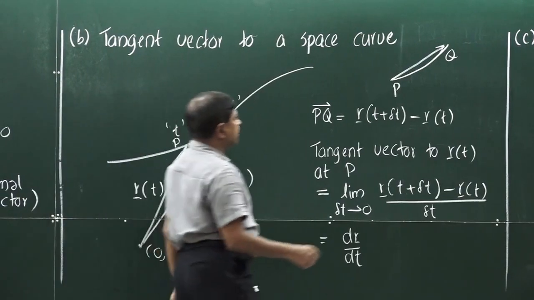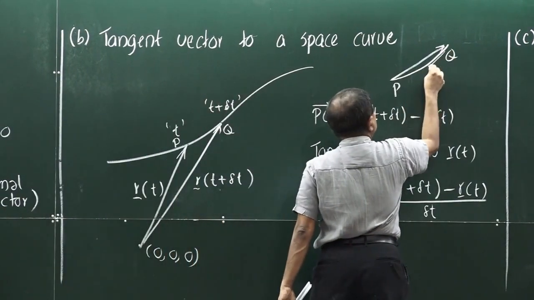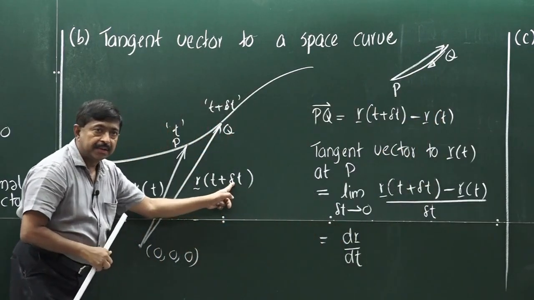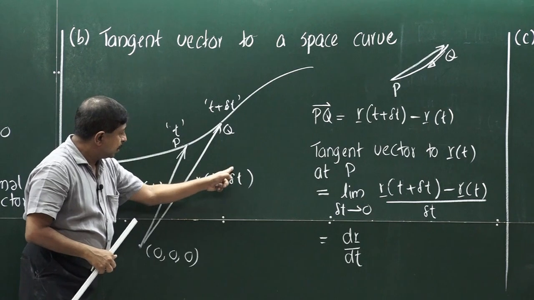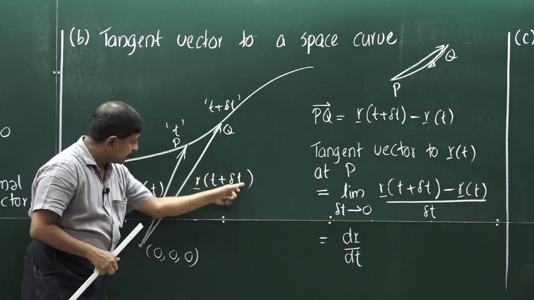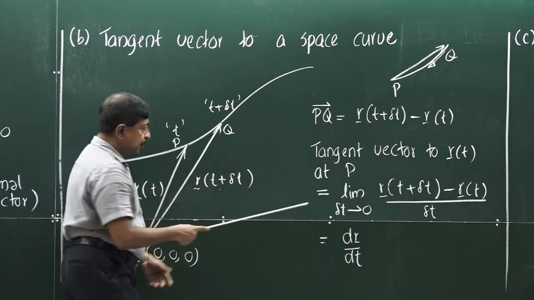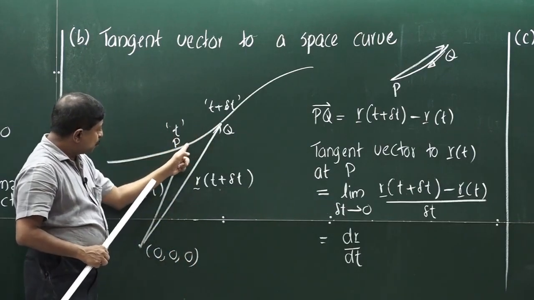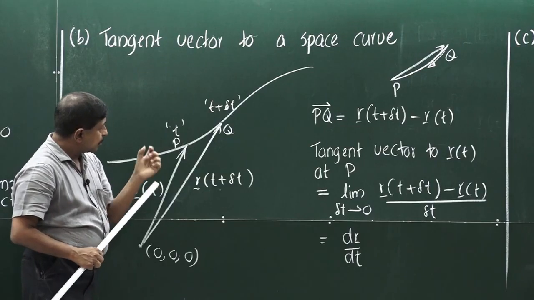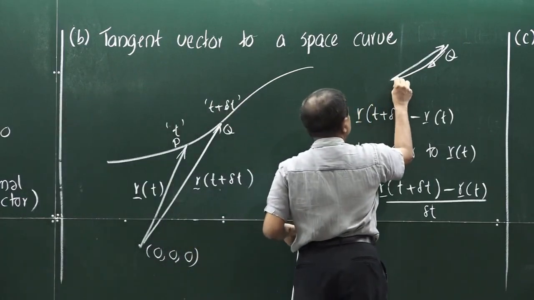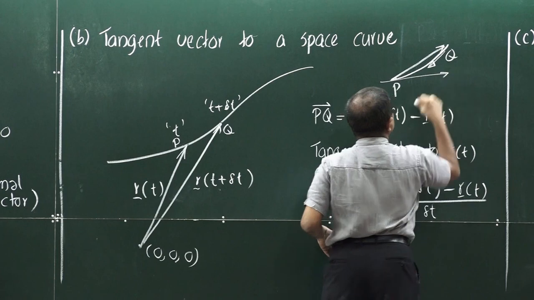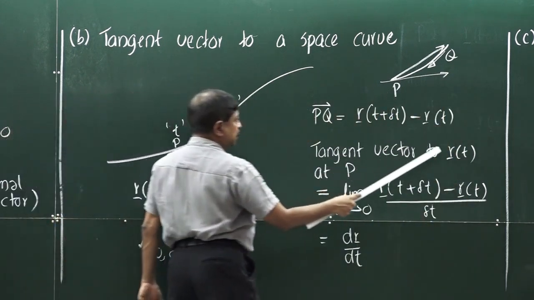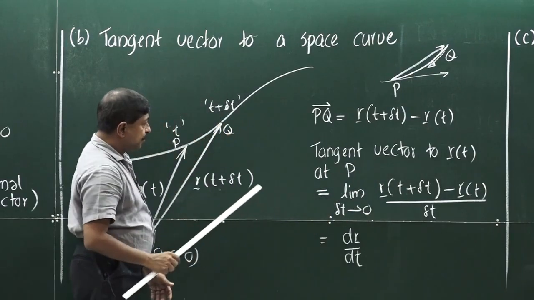Now, to make it a tangent, you have to bring this Q along this curve. To do that, you have to decrease this delta t in value. So, let delta t go to 0. If you do that, P and Q almost coincide, they come close to each other. At that point, you will get the tangent drawn at P.